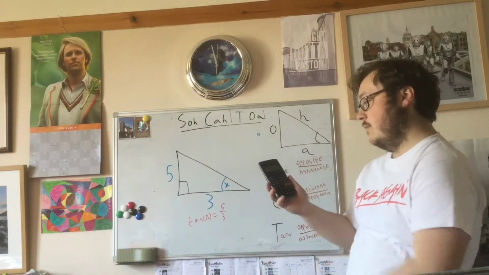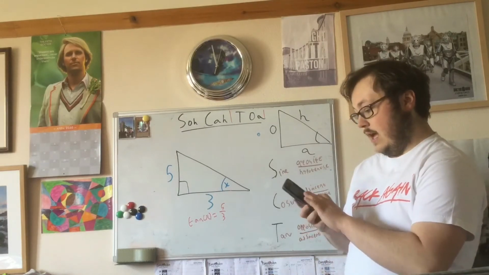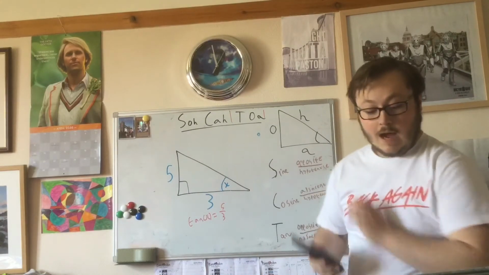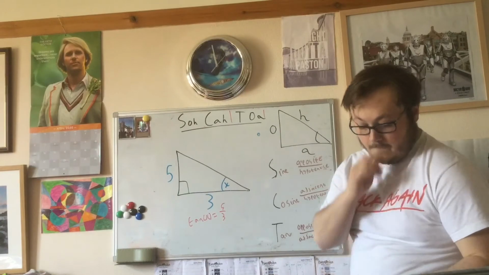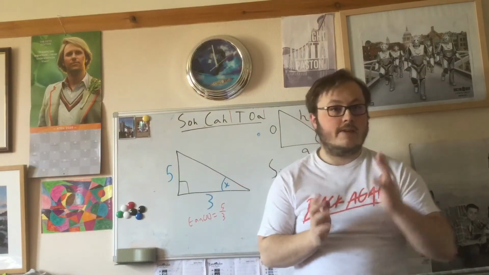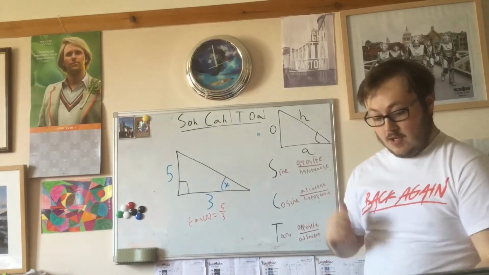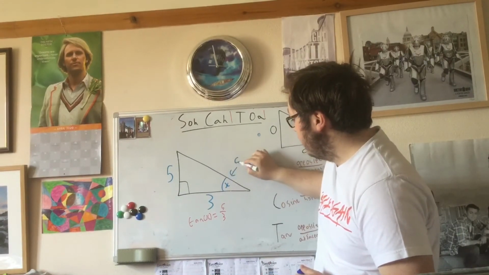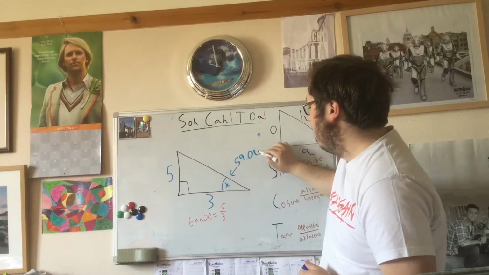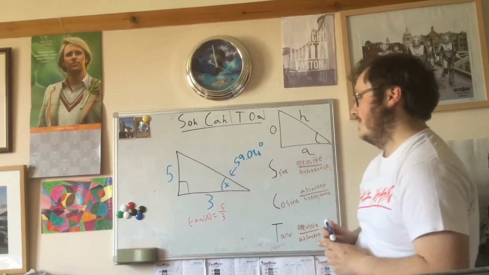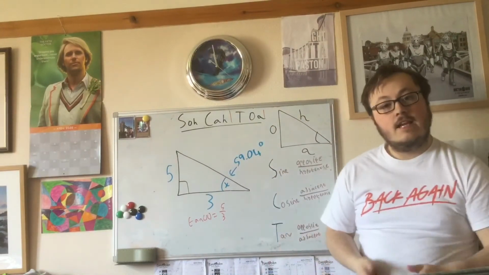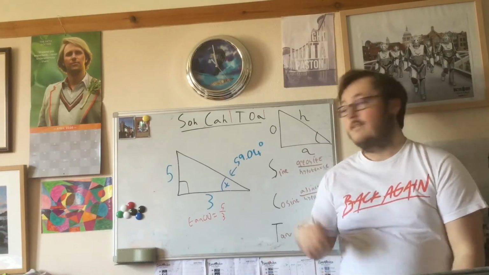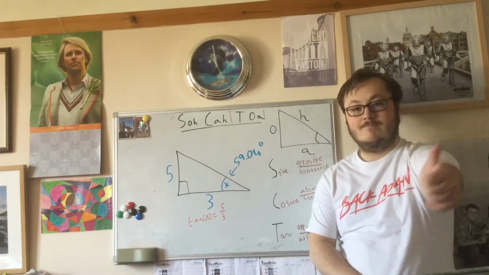Shift, we press tan, so it's tan minus 1, and we enter 5 over 3. And we will get to 2 decimal places 59.036, because at 6 we round it up. So our missing angle is 59.04 degrees. And that's how you use SOHCAHTOA to find missing angles.